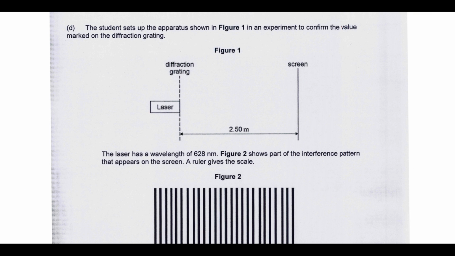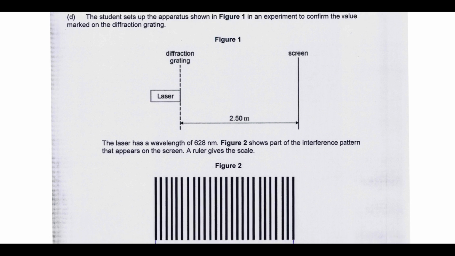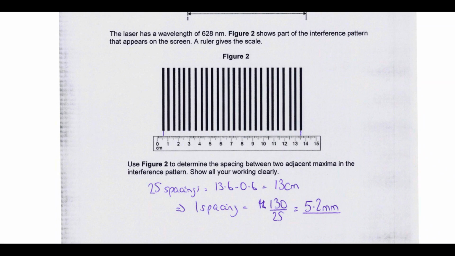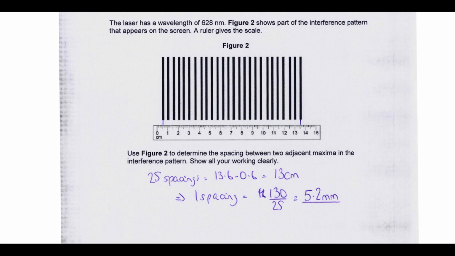So then this is put into an experiment. The diffraction grating is put 2.5 meters from the screen. That's what you can see, this distance here. And we've got this interference pattern produced, and we've been given the wavelength, which we'll use later on. So you need to measure what your spacing is. Thinking about your percentage uncertainty, you should measure as big a distance as you can.